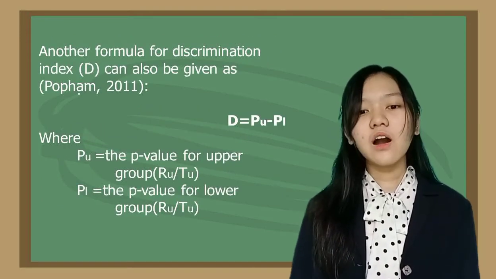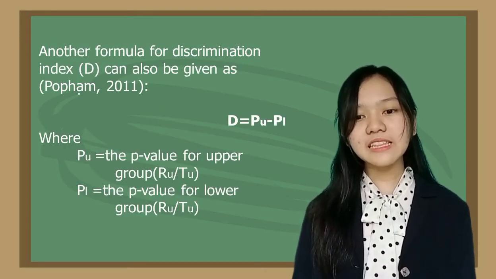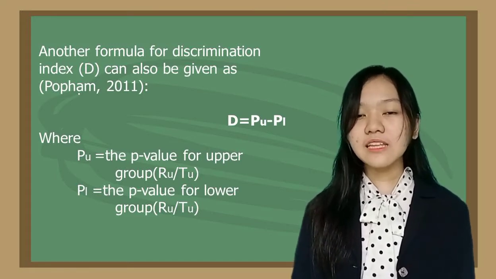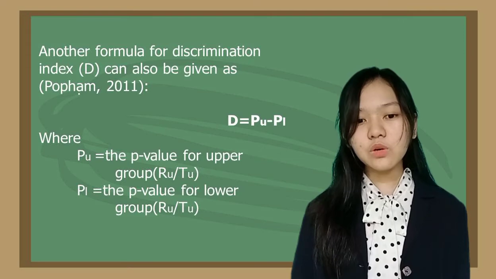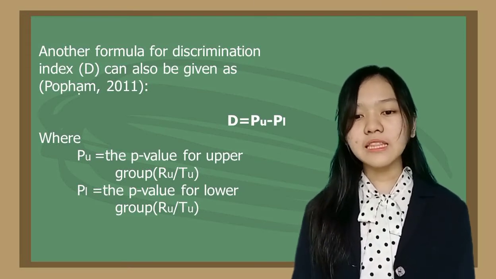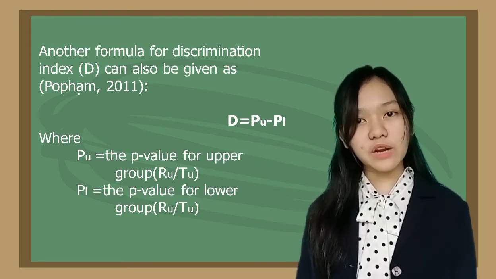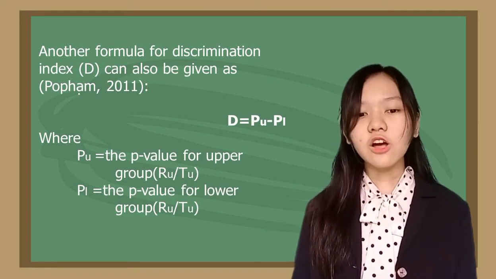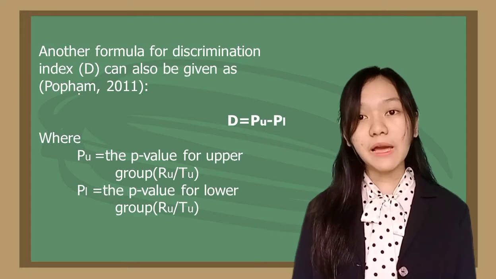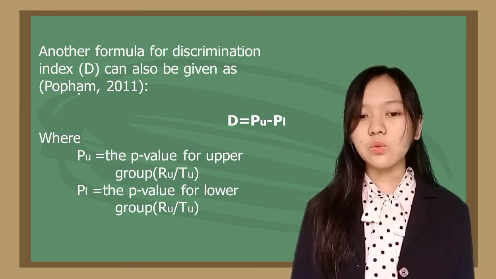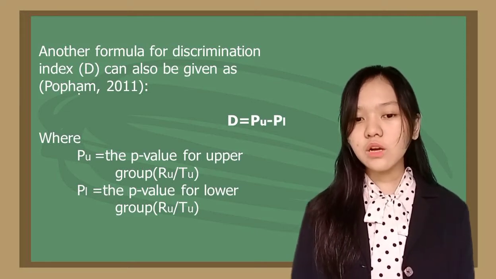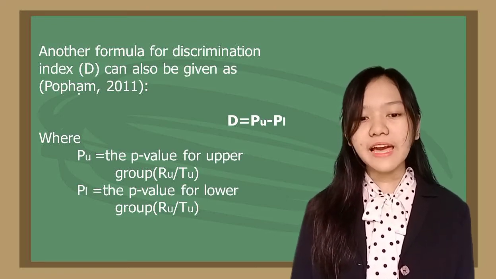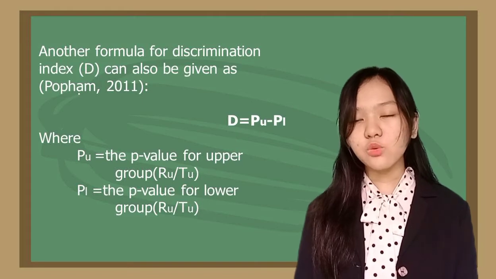As you can see, R over T is actually the p-value of an item, so to get D is to get the difference between the p-value involving the upper half and the p-value involving the lower half. So the formula for the discrimination index, or D, can also be given, as by Popham 2011, as D equals PU, which is the p-value for the upper group, minus PL, the p-value for the lower group.